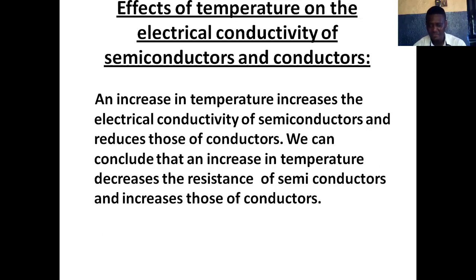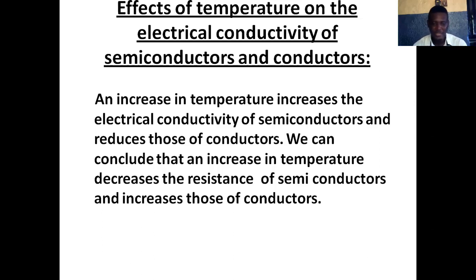And if there is high resistance, it therefore means that there will be what? Slow movement of free electrons, leading to lower conductivity. That's the right word, low conductivity, not generation of electricity, but low conductivity.